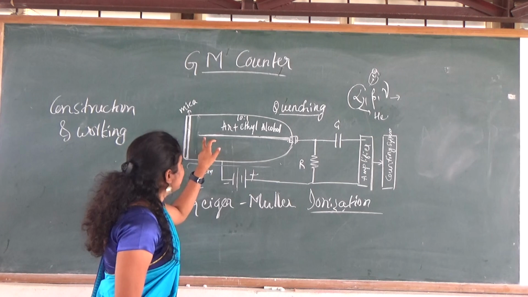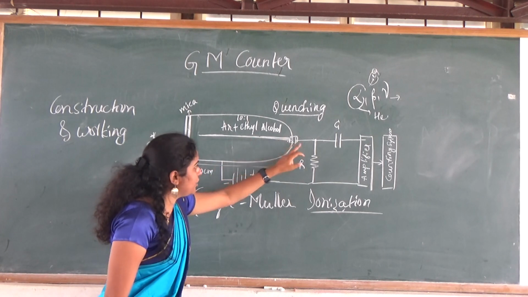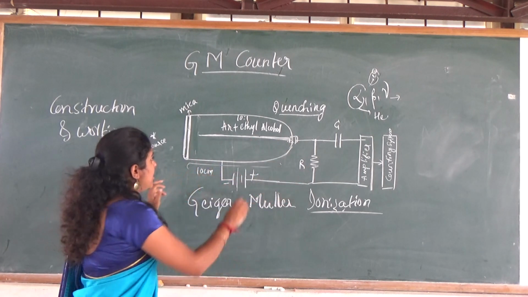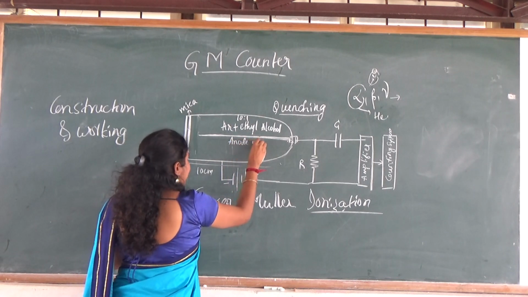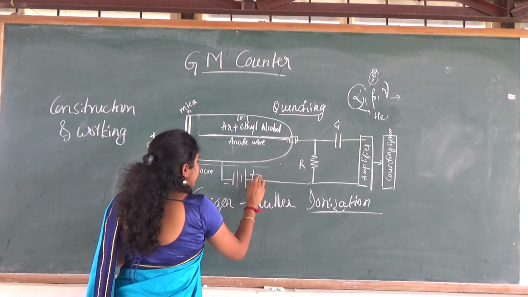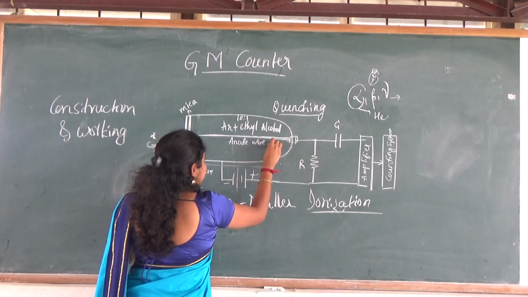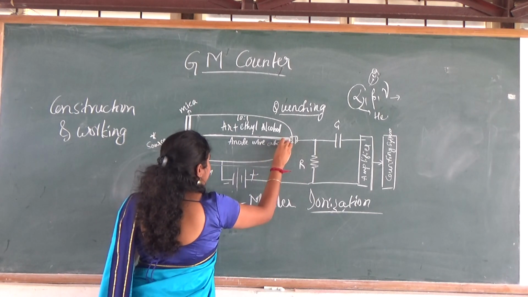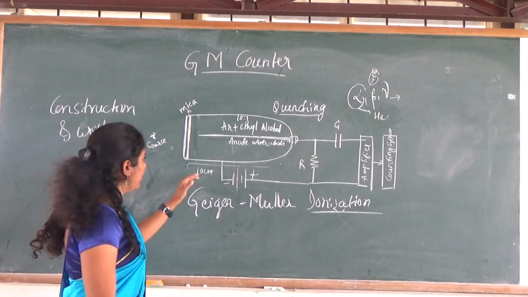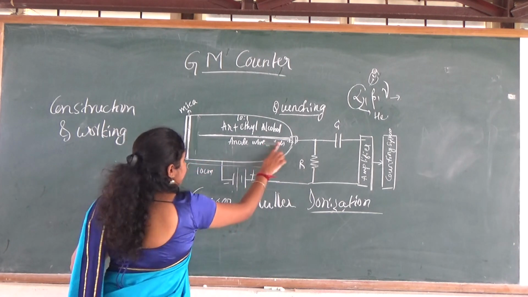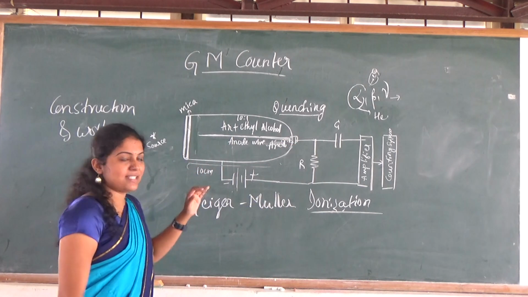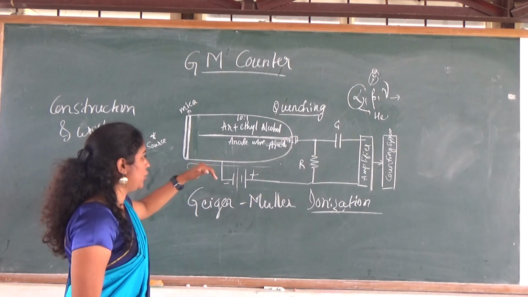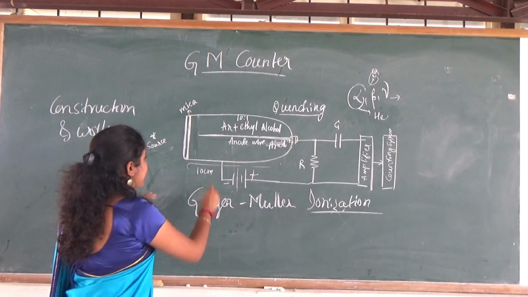So the wire, connected to the positive terminal, acts as the anode, which we call the tungsten wire or anode wire. This metal tube acts as the cathode.